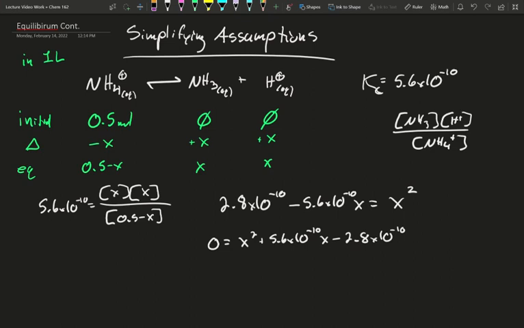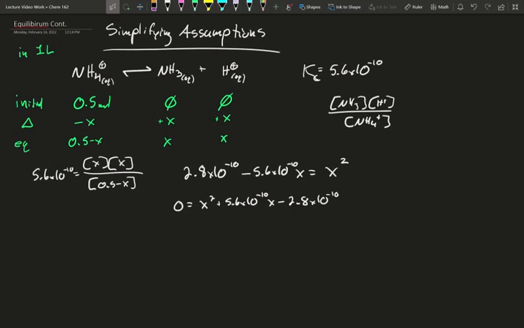We have A, we have B, we have C. This is how we would solve this if we were going through the quadratic method. So let's do it first before we see the simplifying method. Remember that negative b plus or minus square root of b squared minus 4ac all over 2a is our quadratic.